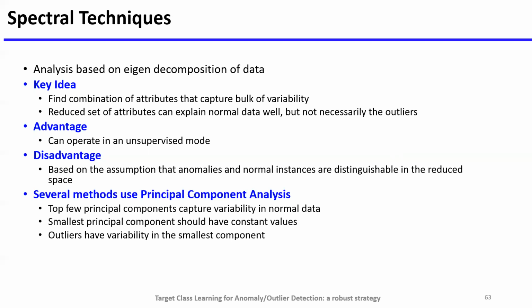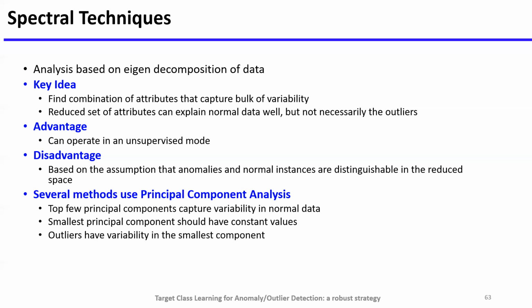So here we try to identify some of the useful attributes or a combination of attributes, and we try to reduce some non-useful attributes, because we understand that these non-useful attributes may not be contributing much. With the help of this we may be able to give more focus towards capturing the normal data.